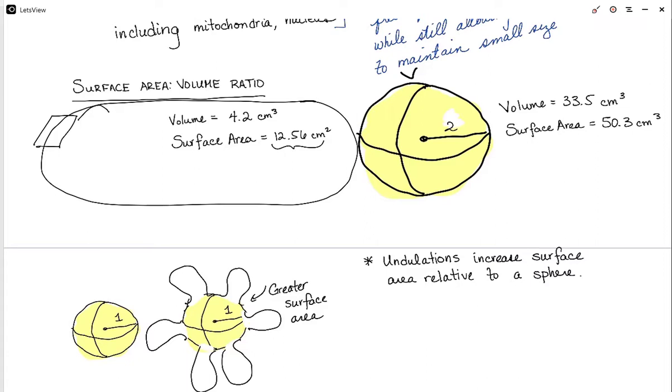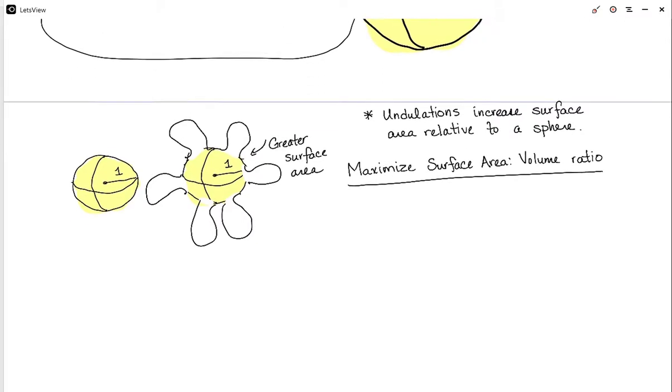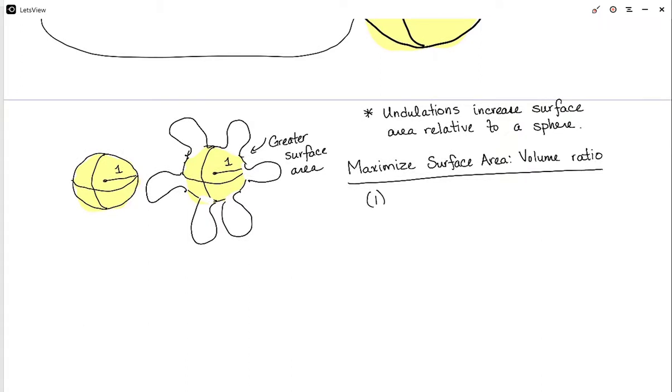I want a small cell size. Again, I still haven't talked about why this matters, but it is definitely something that I want. So to maximize the surface area to volume ratio, I am going to keep a small cell size, so small volume.